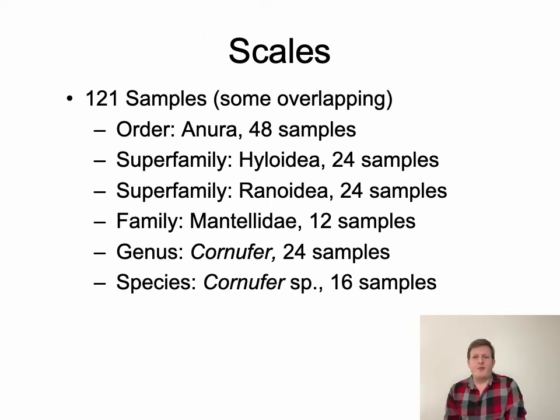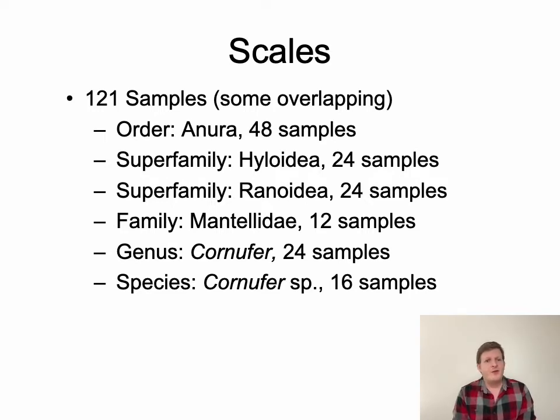Once the probe sets were designed, we wanted to test them, and we included a test set of 121 samples from several different phylogenetic scales. The order scale, which is the Anuran level, contains 24 samples from the two superfamily scales, Hyloidea and Ranoidea, and here this scale only contains the orthologous markers between the two, which is about 6,000.